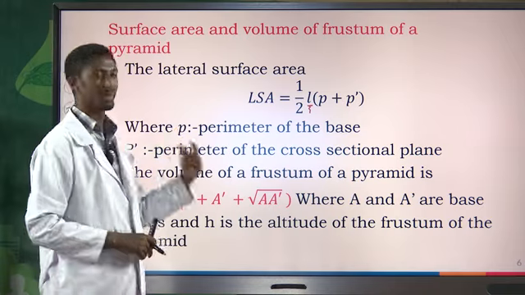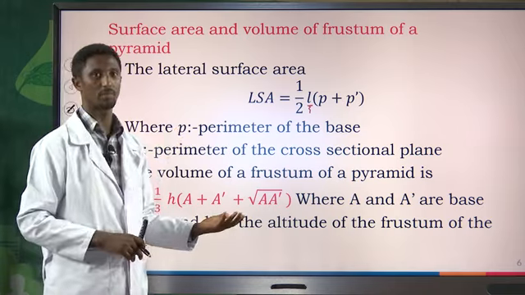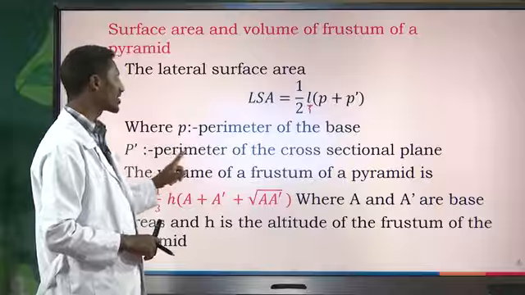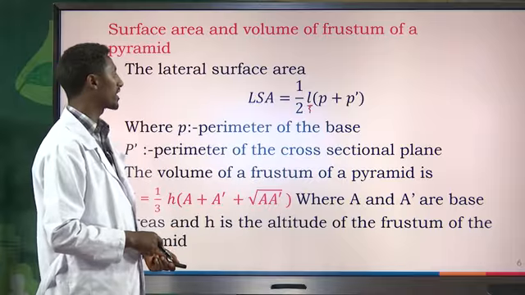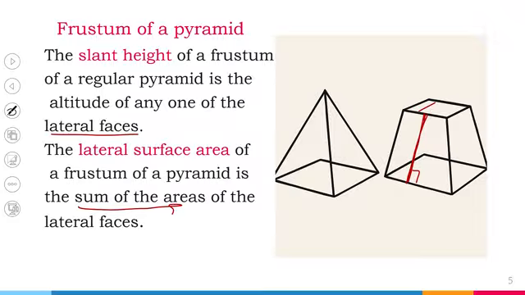P is the perimeter of the base of the frustum of a pyramid. P prime is the perimeter of the cross-sectional area. What is the cross-sectional area? When a frustum of a pyramid is cut by a plane parallel to the base, that section is what we call the cross-sectional area.